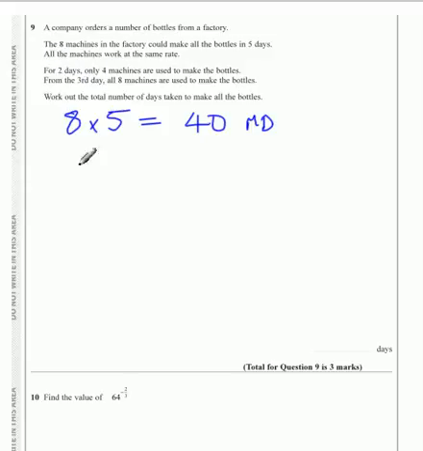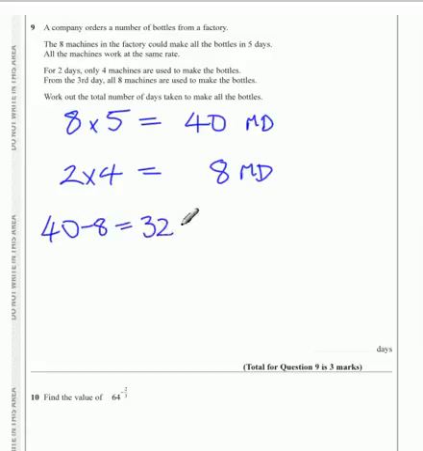For the first 2 days, we've got only 4 machines working. So what they can produce in that 2 days is 2 times 4, which will be working for 8 machine days. So the remaining machine days we need to cover to get it up to this 40 is 40, take away the 8, which is 32 machine days.